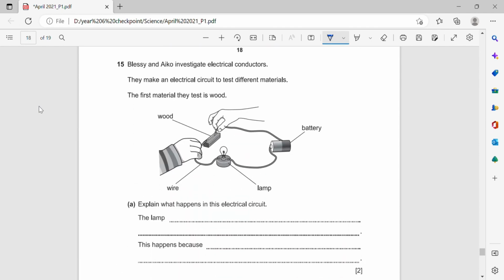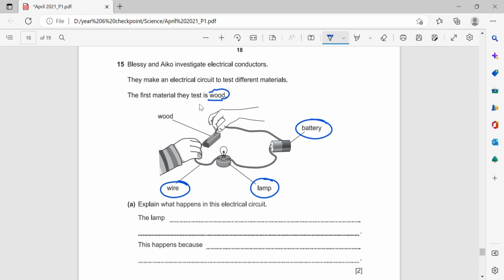Next question, and this is the last question. Blasi and Aiko investigate electrical conductors. They make an electrical circuit to test different materials. The first material they test is wood. So they made an electrical circuit here. I have the battery, the lamp and the wire, and they are testing, for example, wood. What happens in this electrical circuit? Will the lamp light up or not? No. Why? Because wood is an insulator.